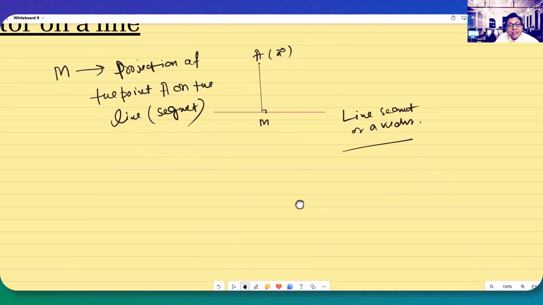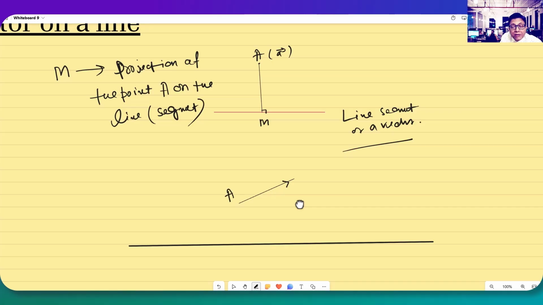Then the length of projection of a line segment or a vector on another line segment or a vector or on a line. This is the vector, AB is the vector. We want to find the length of projection of this vector on it. Already in dot product, you must have seen that the length of projection we found, that is maybe episode 2 or 3 in vector.